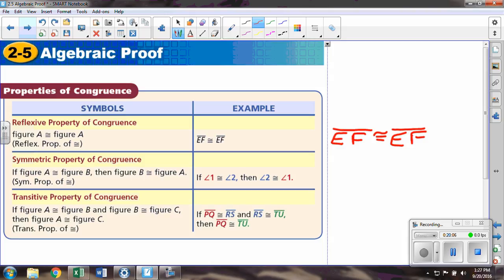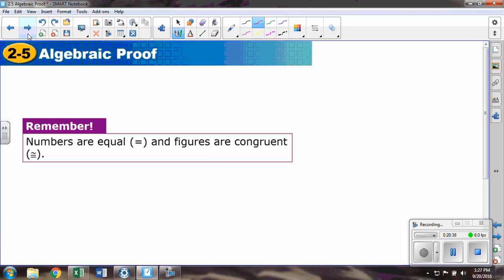All of these pieces for the reflexive property of congruence, the symmetric property of congruence, and the transitive property of congruence, each one of these are just natural extensions of the reflexive, symmetric, and transitive properties for equality. Because if the relationships hold true with equal numbers, and then equal numbers cause congruent segments, each one of these things will be true for congruent segments too. And thus we want to build on these and start recognizing what we can do with them. Please remember our symbol though, numbers are equal, segments and figures are congruent.